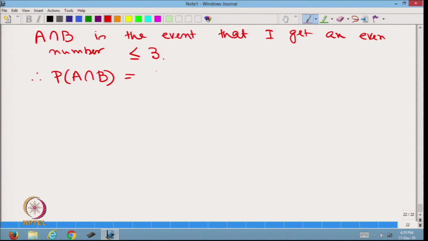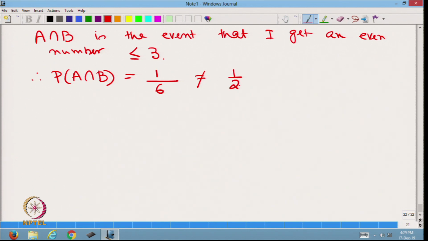That can happen only in one way, that is, if I get 2, divided by possible outcomes, which is equal to 1 by 6. Is it the same as the product of the two individual probabilities?